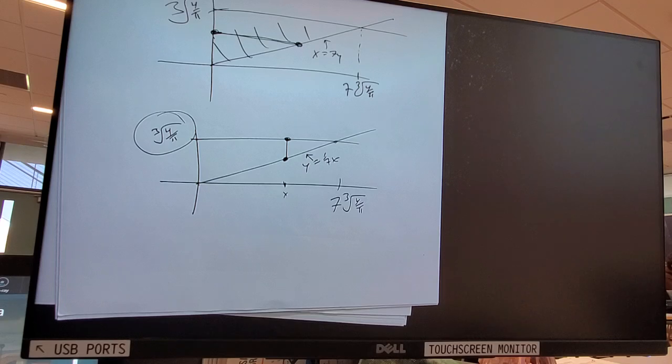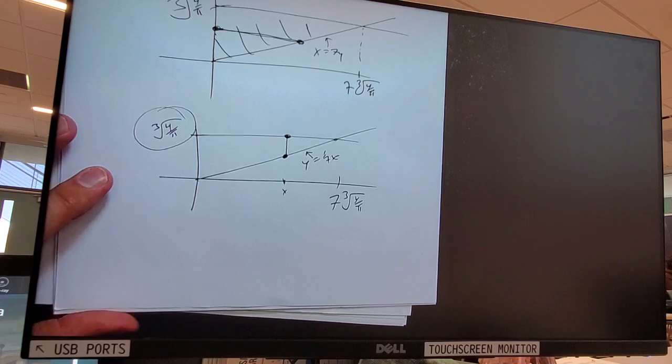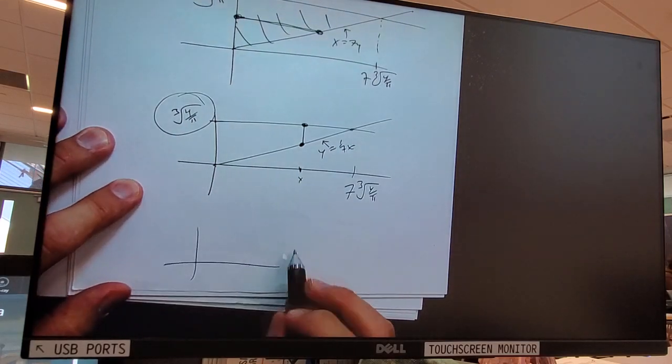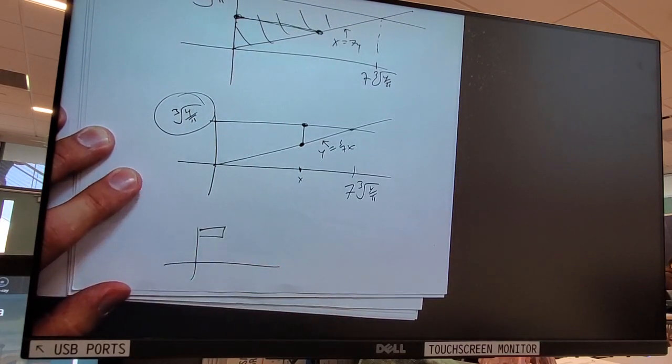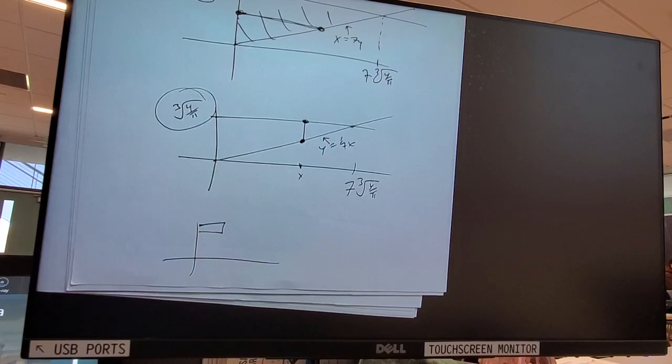So trust me, this is why I tried to say it, and again, it didn't really make a lot of sense if your teacher didn't show you a lot of it, like when I did cylindrical shells. Do you guys remember cylindrical shells? I try to get my students to draw a representative rectangle because then they can figure out the height really easy. You have something you can actually look at, yes?